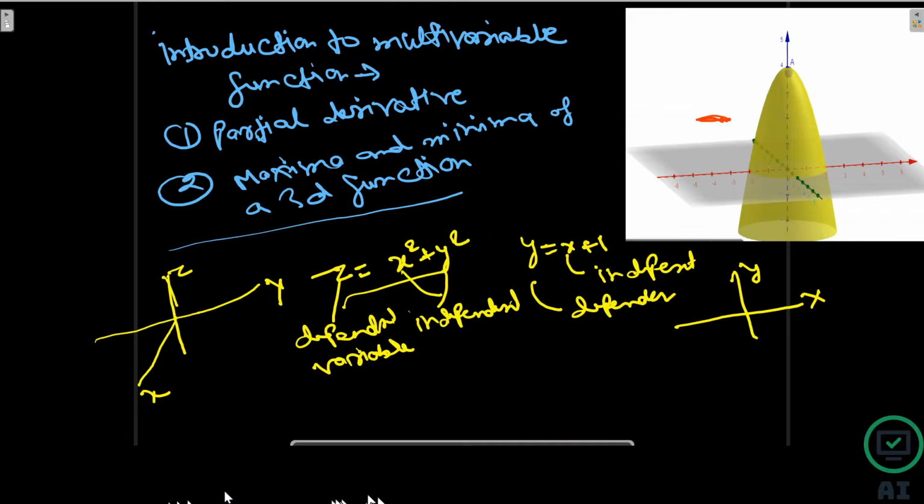Here we have the x-axis, y-axis, and z-axis. If you take any point here, let's suppose x0, y0, then for this particular point we will have a point in the z direction.